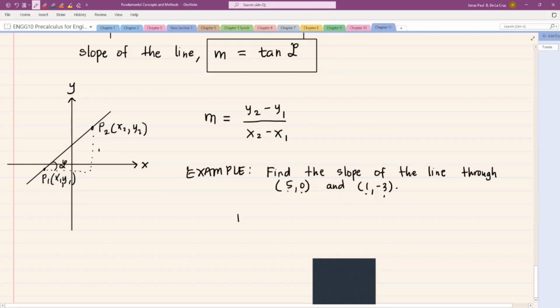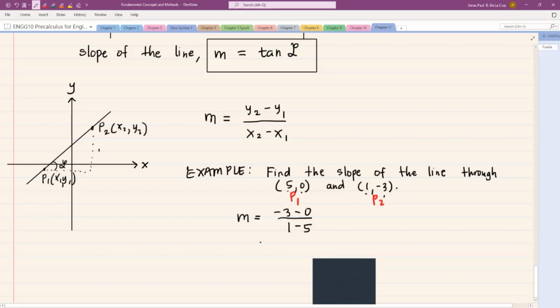Okay? So the slope is the difference on the Y. So kung ito yung P1 natin, if this is our P1, tapos ito yung P2 natin, so the slope is the difference in the Y. That's negative 3 minus 0 all over 1 minus 5. Kung titignan nyo dito, dito negative 3 muna, so dapat yung 1 din yung mauna dito sa baba. Okay?